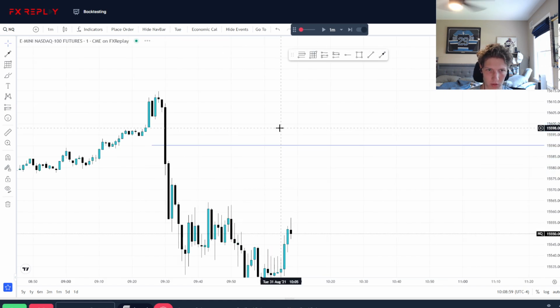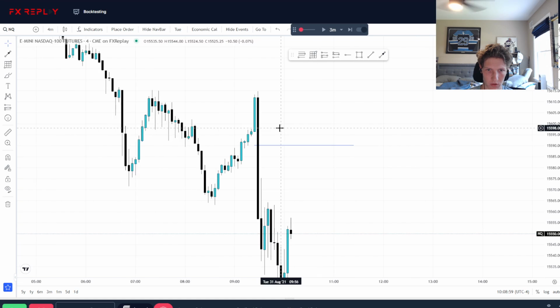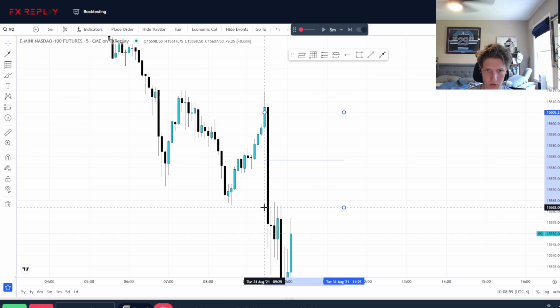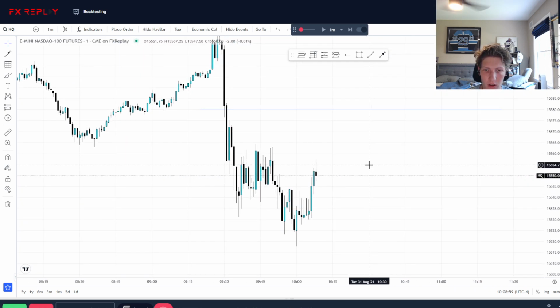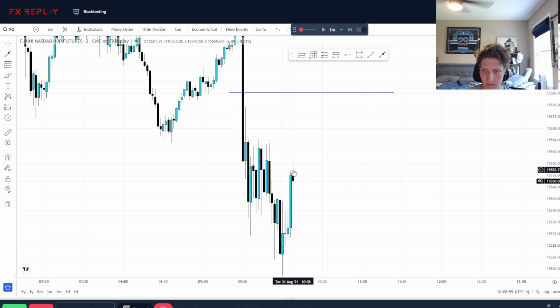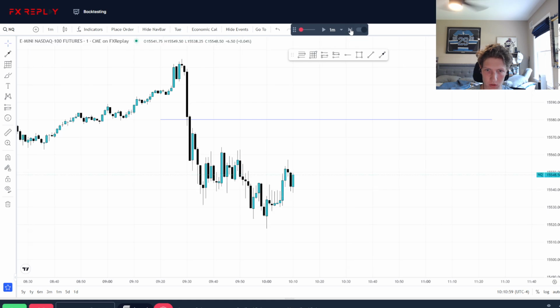What does it look like in a moment? This candle finished playing out. It did not give us.